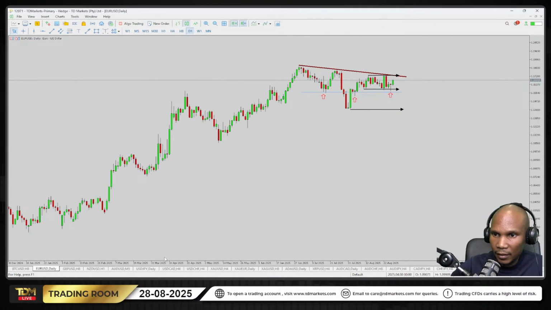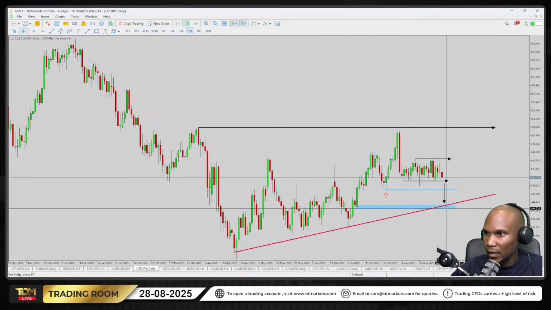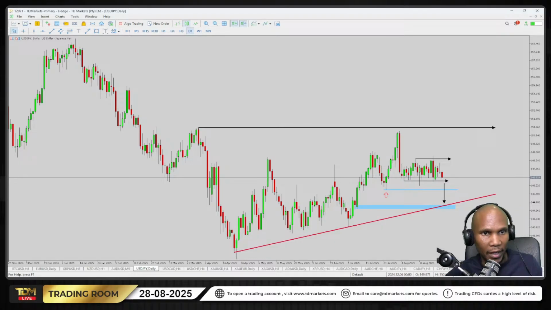Yeah. So USD JPY, maybe one more push down. Right? Maybe up until this low, or even up until, yeah, I think this low would do. And then we'll come back and see what's going to happen there. All right. So that's USD JPY.